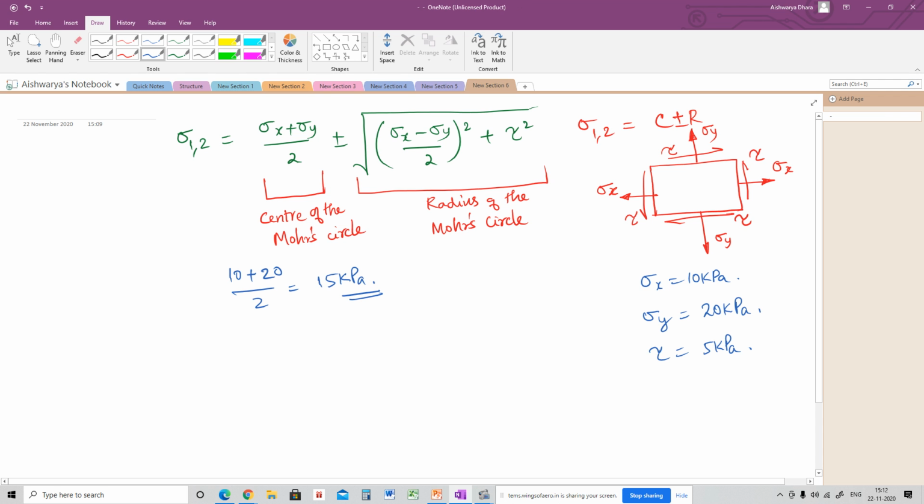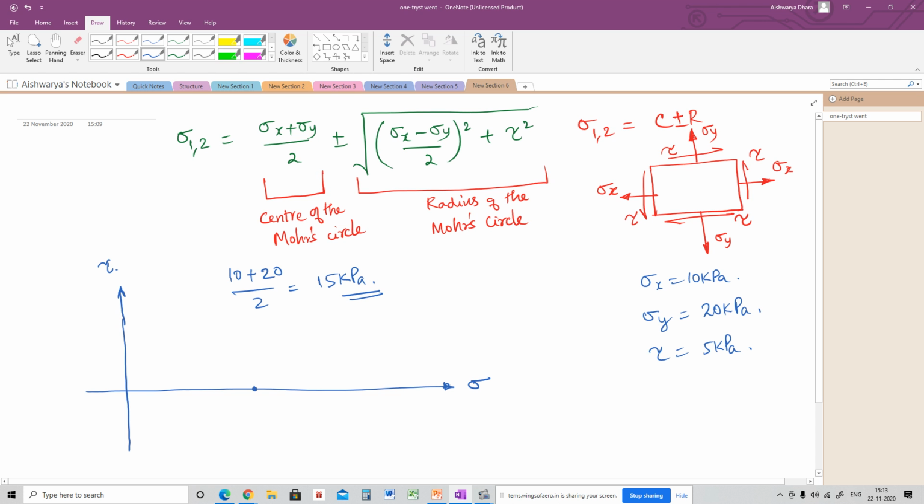Similarly, if they are asking the radius, then you substitute the values and find out the radius. But the center must be given in terms of coordinates. When we are drawing the Mohr circle, it is represented by sigma and the shear stress. This is along the shear stress.